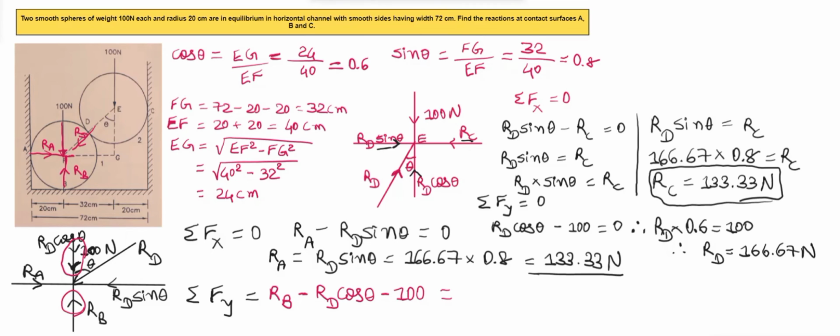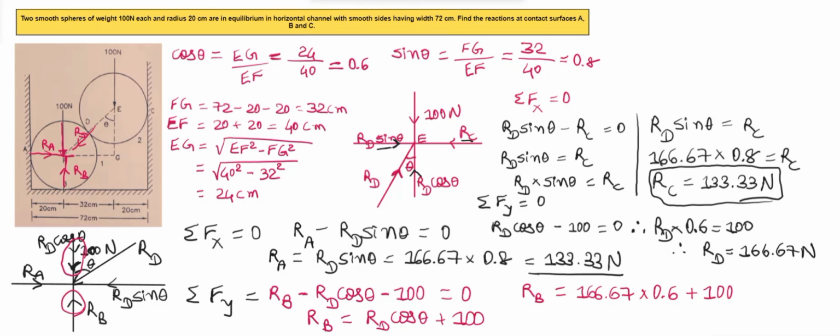We'll just write it as RB minus RD cos theta minus 100 is equal to 0. RB will be equal to RD cos theta plus 100. RD is 166.67, cos theta is 0.6 plus 100. Therefore we get RB equal to 200 Newton.